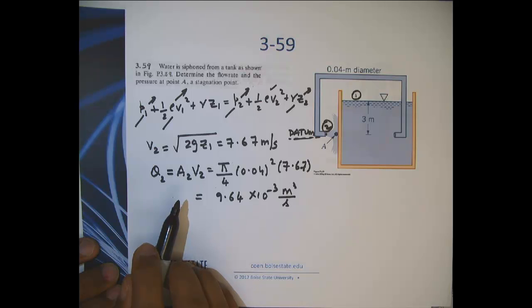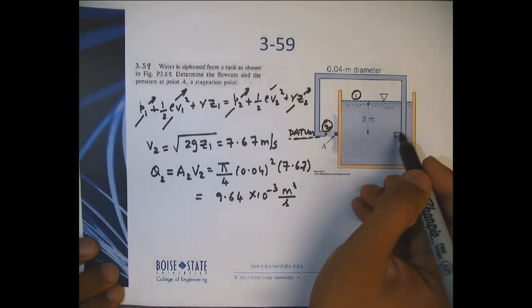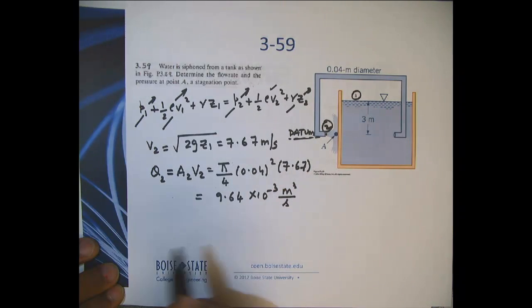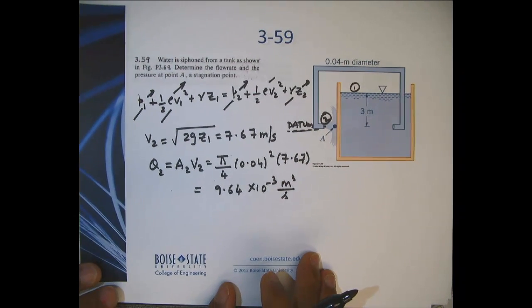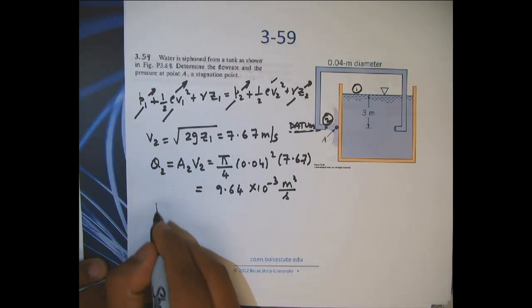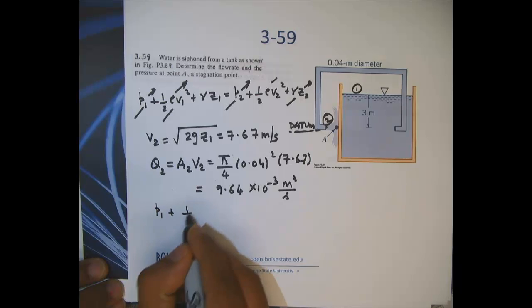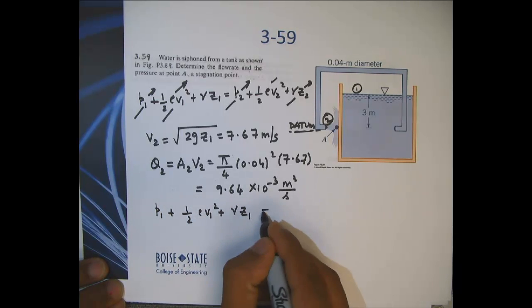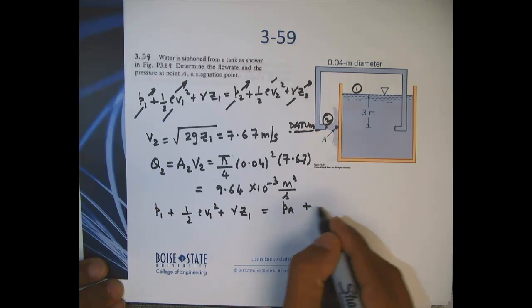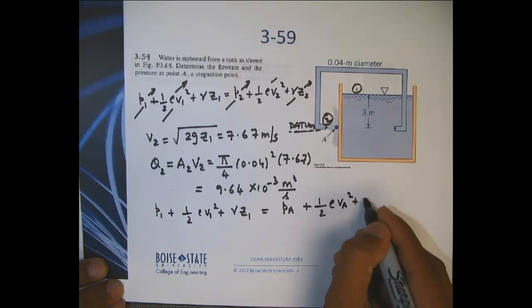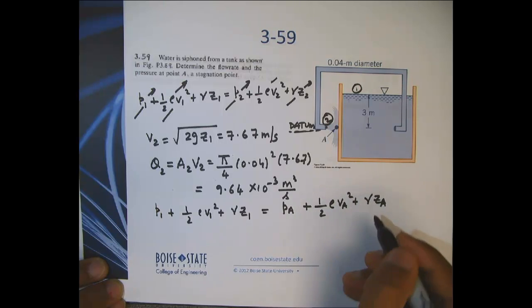This you can now do by drawing a straight line going from 1 to A. Okay. So if I apply the Bernoulli equation going from 1 to A along that streamline, we get P1 plus half rho V1 square plus gamma Z1 equals PA, which is what we are after, plus half rho VA square plus gamma ZA.